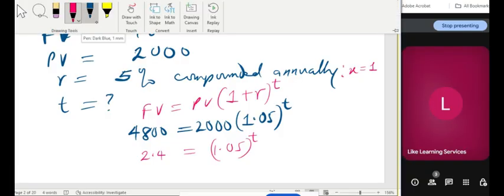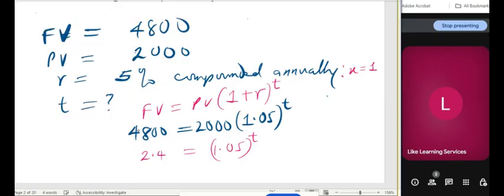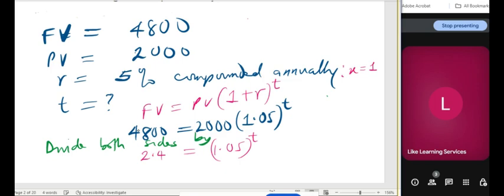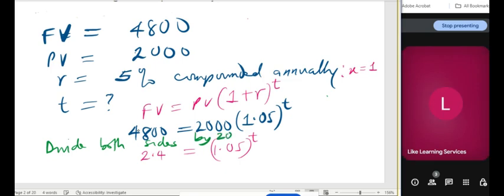I know it has to do with the log. Wait, let me try to remember. Because I remember, I did this in school last year. Yeah.